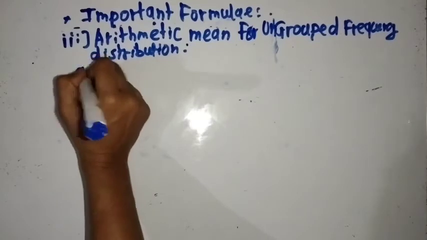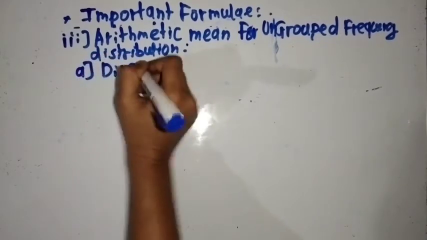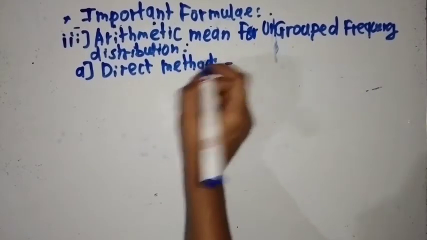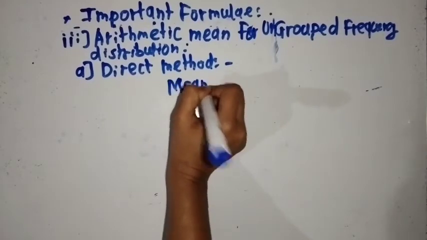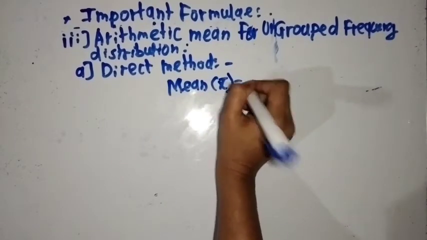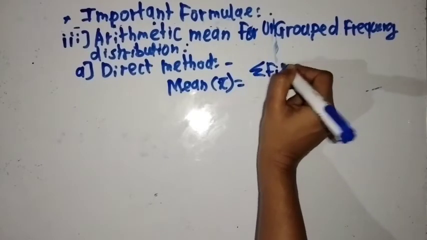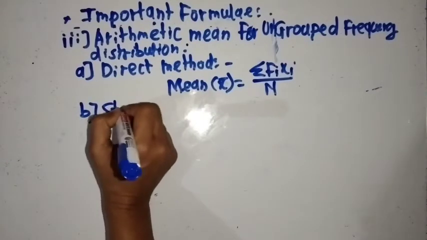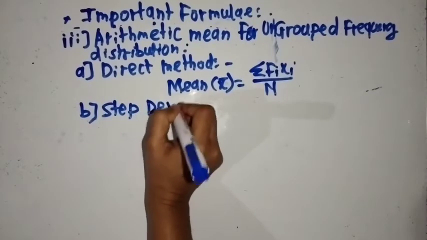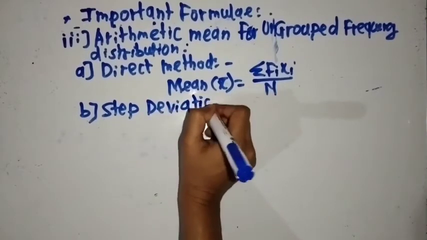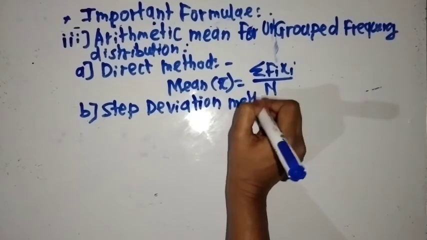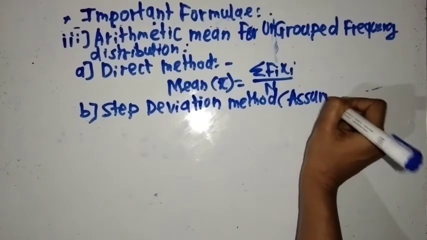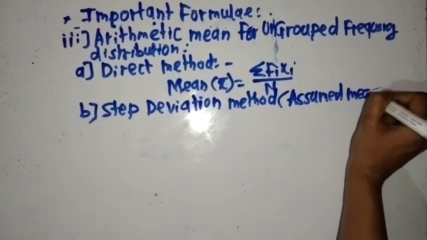So first method is direct method. This direct method finds mean by the formula summation of fi xi upon n, and second is step deviation method or assumed mean method.